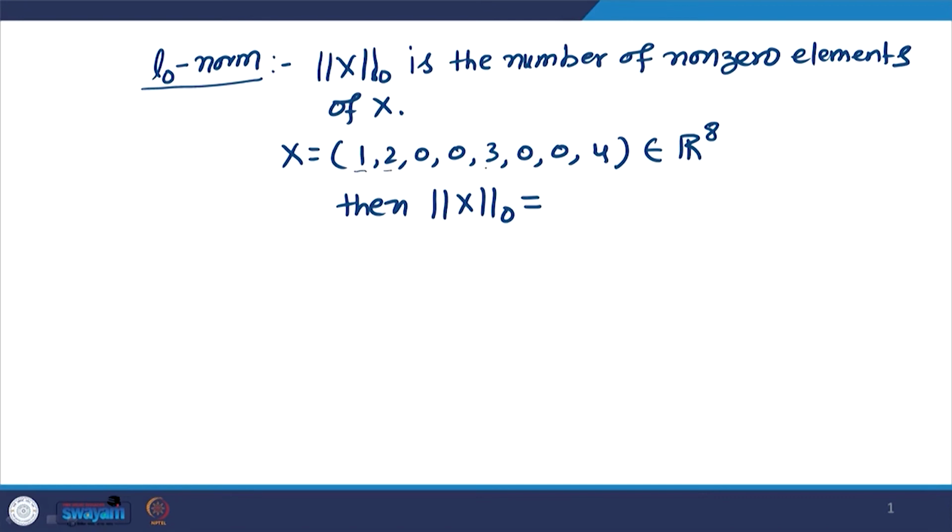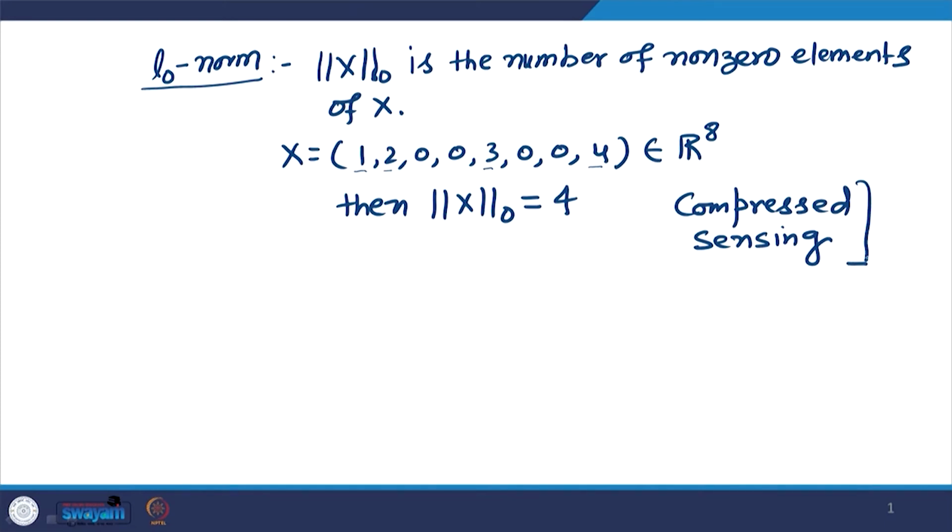So, 1, 2, 3 and 4. So, this value is 4. This norm is very important in compressed sensing, where you are looking for a sparse solution of your data.